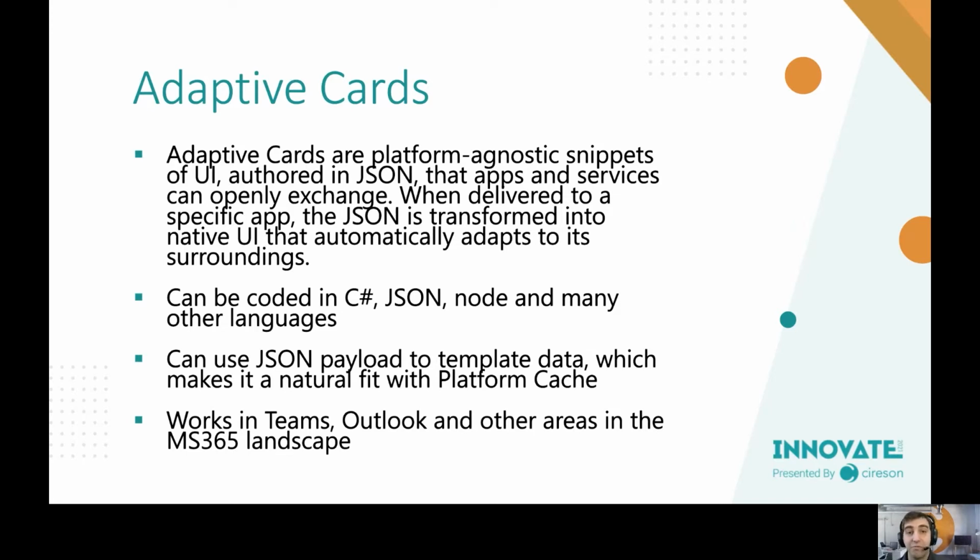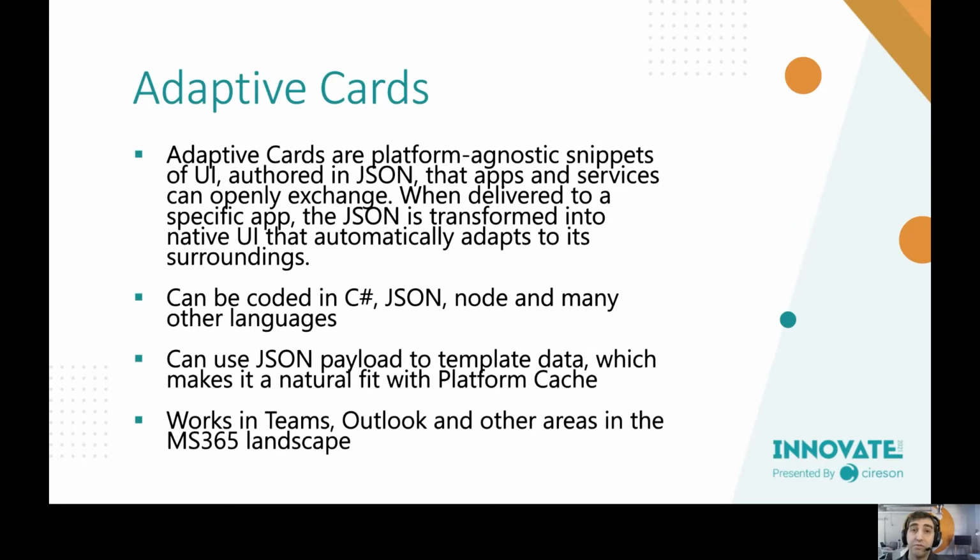Adaptive cards are platform agnostic JSON snippets of UI that apps and services can openly exchange. When that card is delivered to a specific app, it's transformed into the native UI that automatically adapts to its surroundings. You can code it in C#, JSON, Node, or virtually any other programming language.